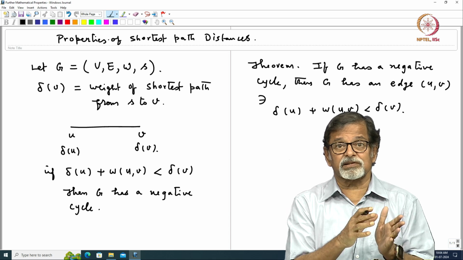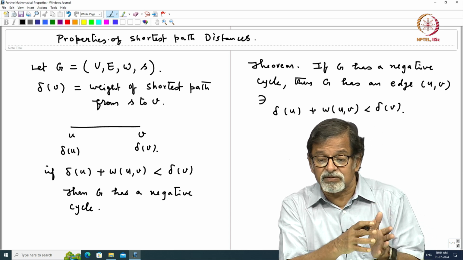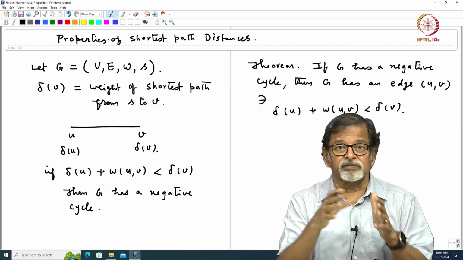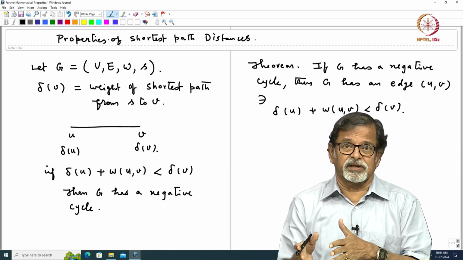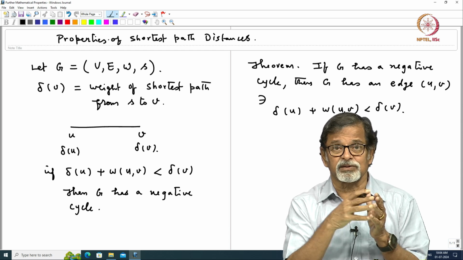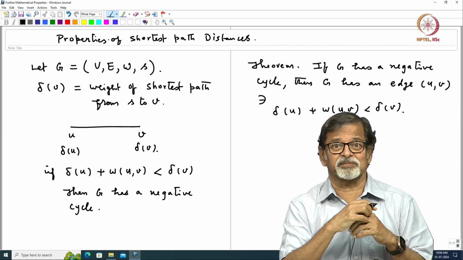So, if the graph has a negative cycle, then there is an edge satisfying this property. If there is an edge satisfying this property, then G has a negative cycle. So, this is a kind of a characterization.